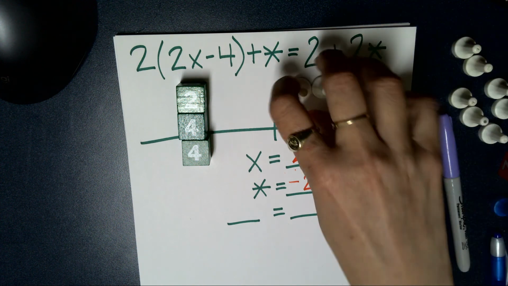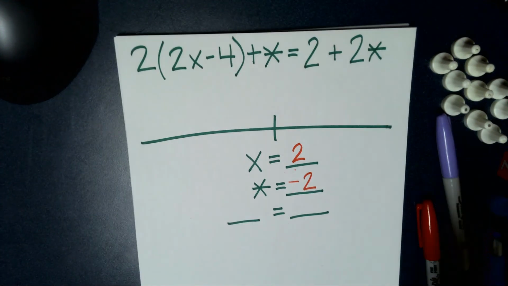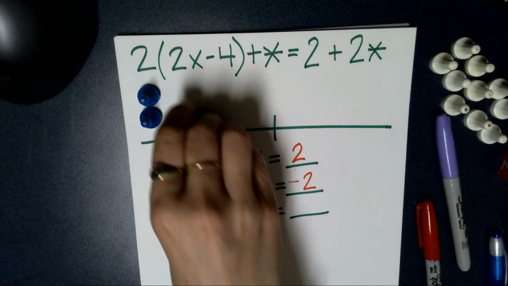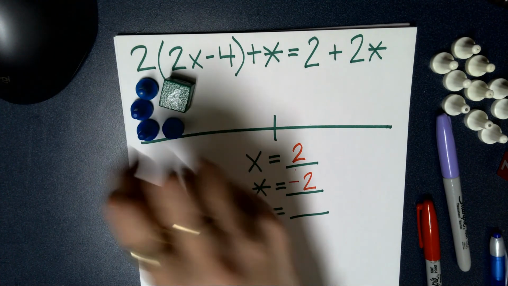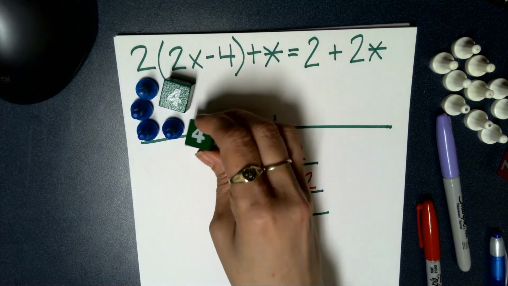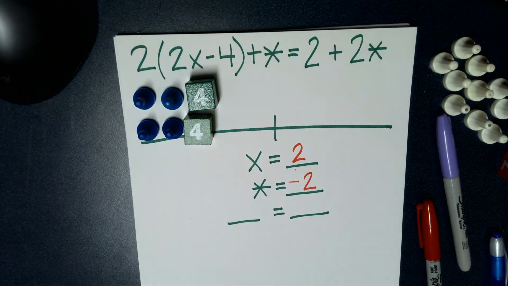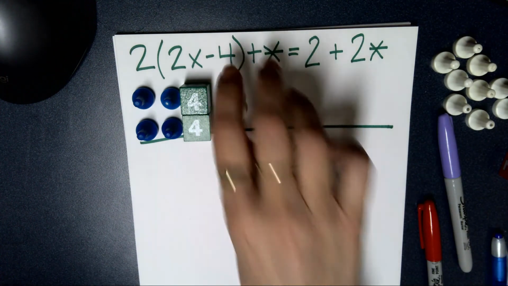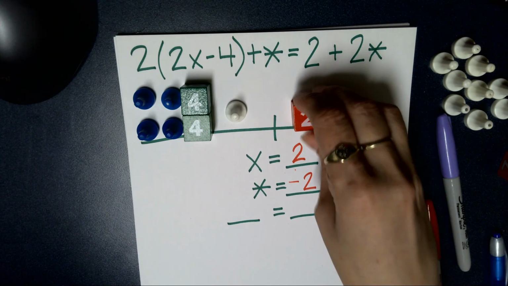Let's clear our board and recreate our equation. We have 2 sets of pawn, take away 4. So we have 1 set, and here's another set. Oops, 4. 2 sets of pawn minus 4, plus a star equals a positive 2 and 2 stars.